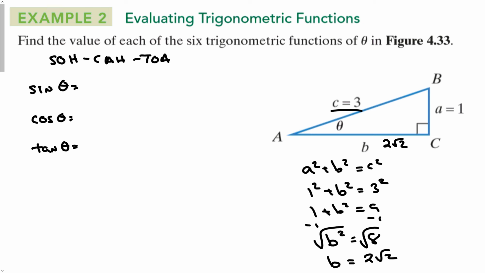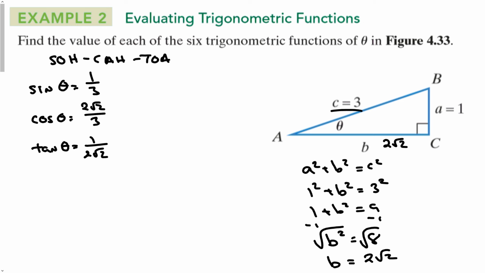Opposite over hypotenuse for sine. Opposite is 1, hypotenuse is 3. So we have 1/3 for sine. Cosine would be 2 radical 2 over 3. And the tangent would normally be 1 over 2 radical 2.